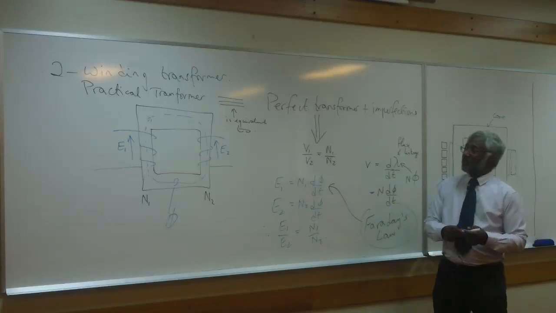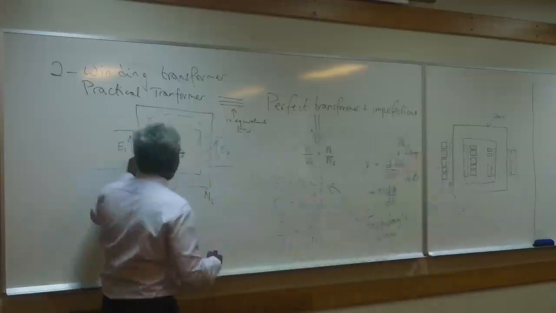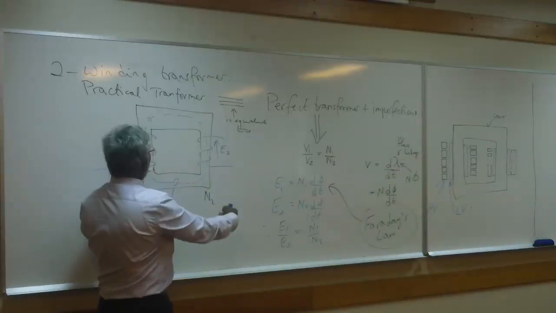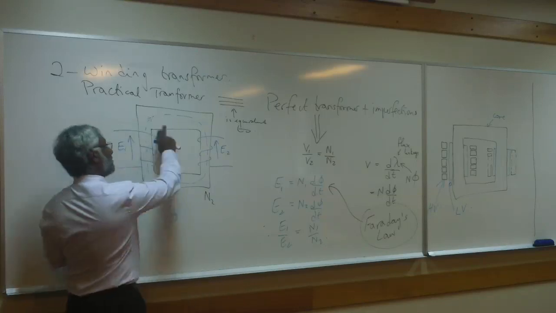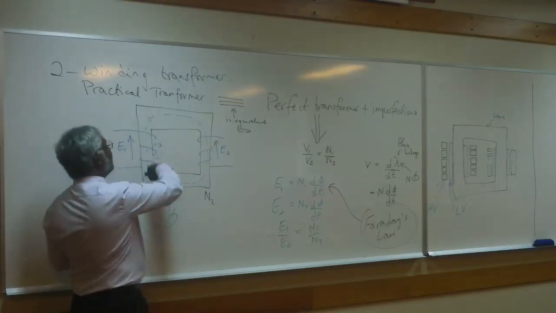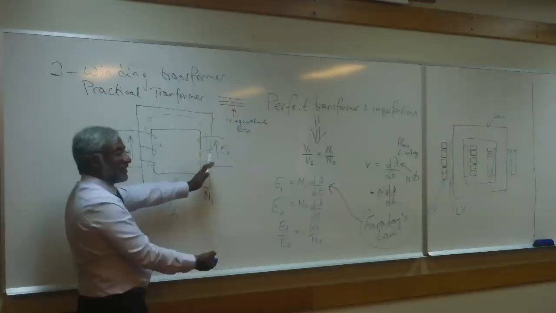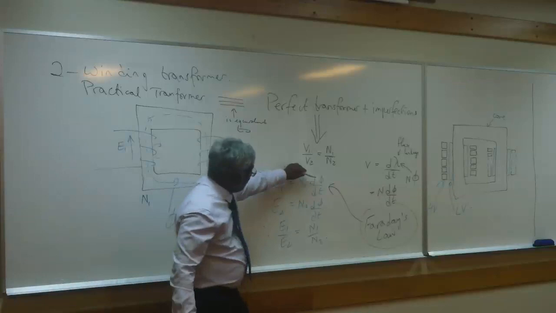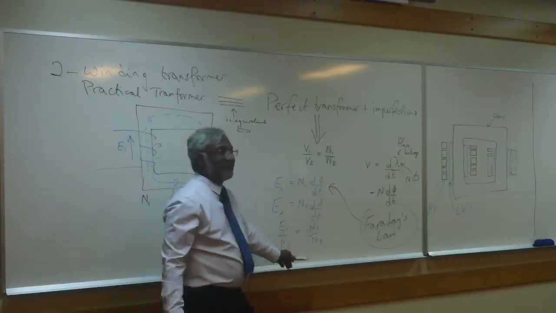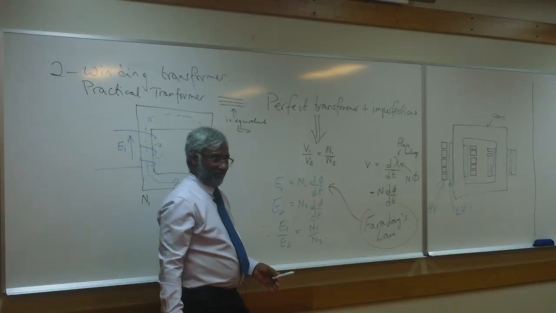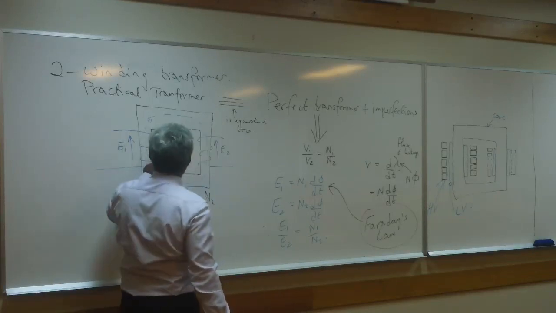So we know the perfect transformer doesn't have any leakage. If it had some leakage, then you can't use this. Because if there was some leakage, that is, you have a certain amount of flux that links the primary side but doesn't link the secondary side, then that would be different from this. So you can't do that division. It wouldn't be that easy. So that's why we have made an assumption there that there is no leakage.